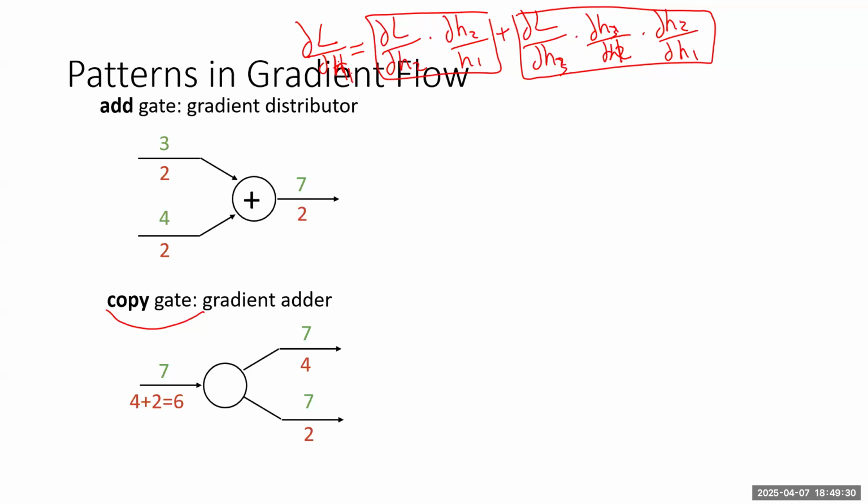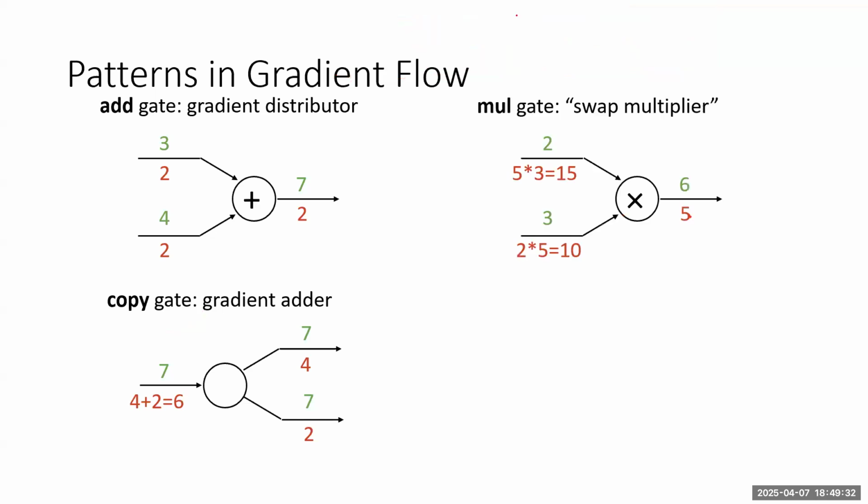If I have a multiplication node, multiplication is very easy. The derivative here is the upstream derivative times the other input. It will give you the derivative of the branch. Very straightforward.